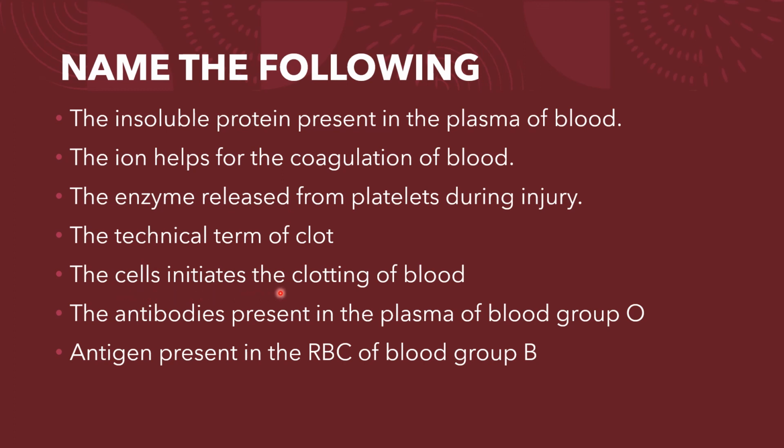The cells that initiate the clotting of blood, platelets. The antibodies present in the plasma of blood group O: anti-A antibody and anti-B antibody. Antigen present in the RBC of blood group B: antigen B.